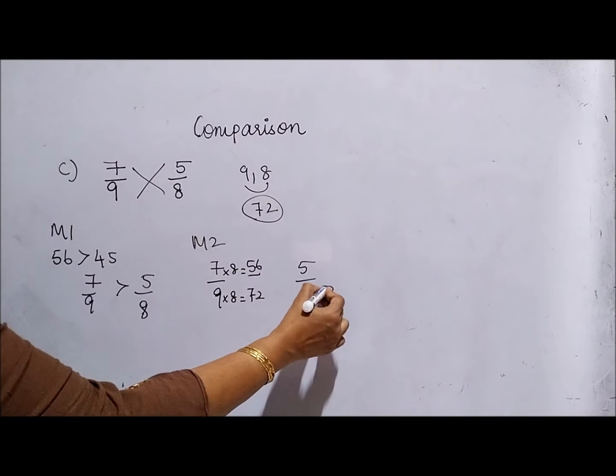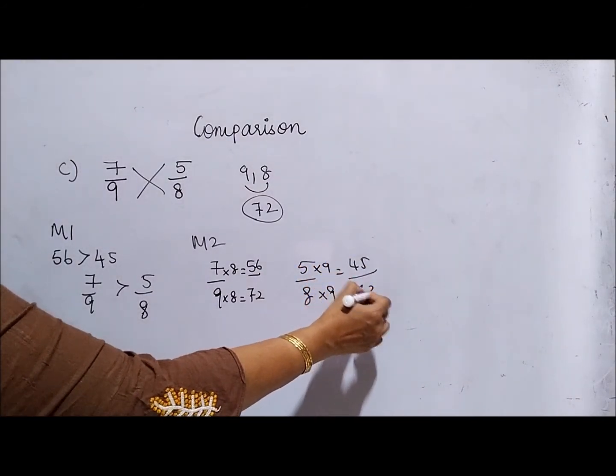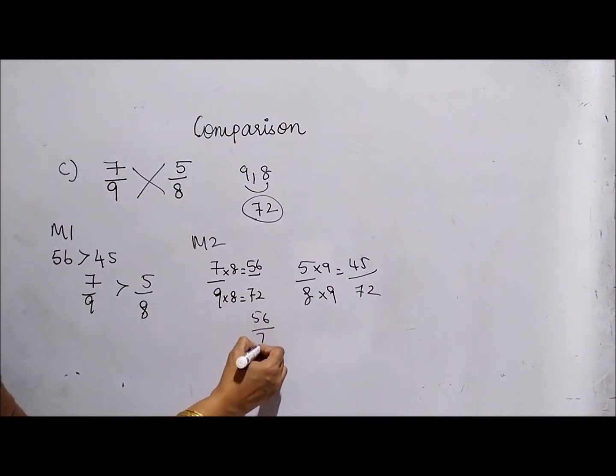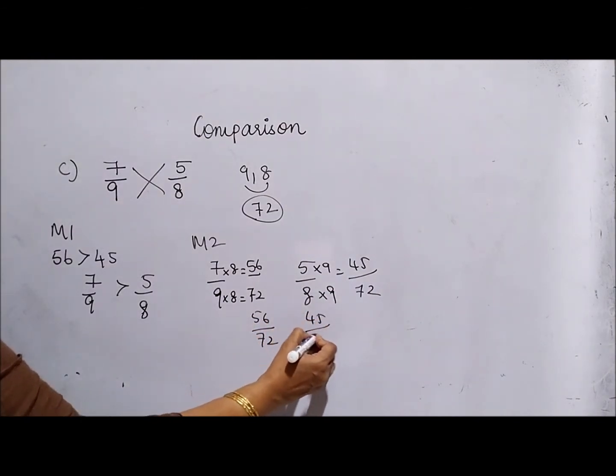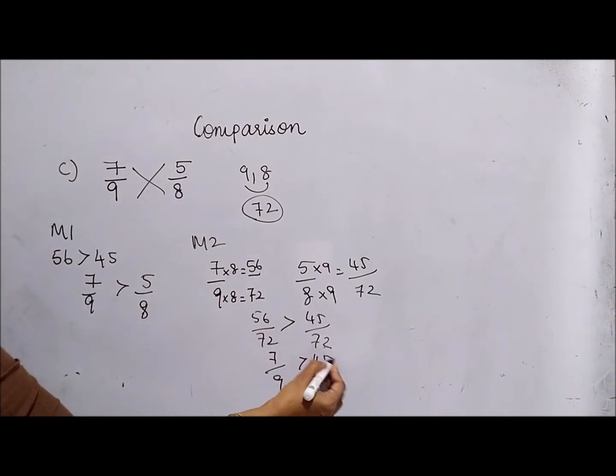Here 8 into 9, that means 9. 45 by 72. So 56 by 72 and 45 by 72. Now my denominator is the same. Compare. So 7 by 9 is greater than 45 by 72. Hope this is clear. We'll do one ascending order and then it will be easy to understand with 2-3 numbers.